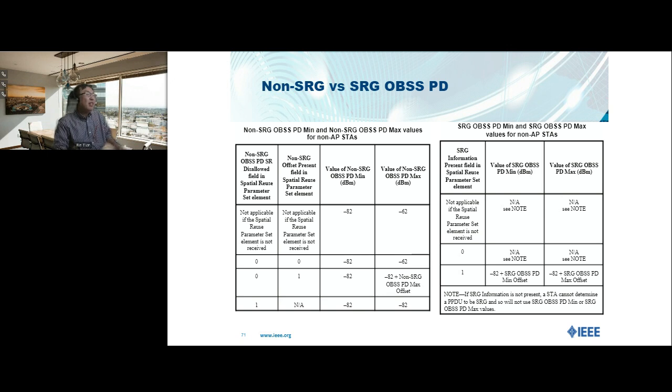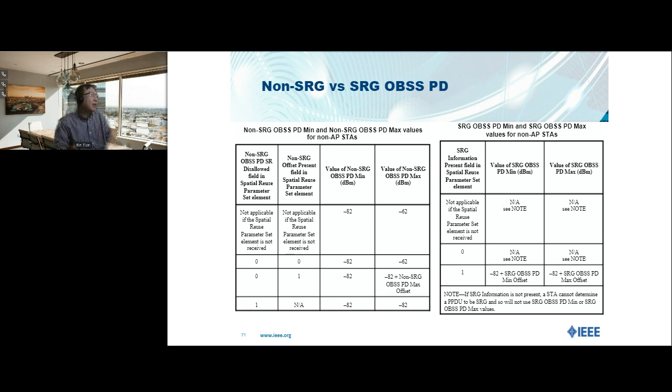It can specify, for example, when spatial reuse is enabled, when the value is 1, the OBSS PD minimum is determined by the parameter OBSS PD minimum offset. The OBSS PD max is also minus 82, depending on OBSS PD max, okay?